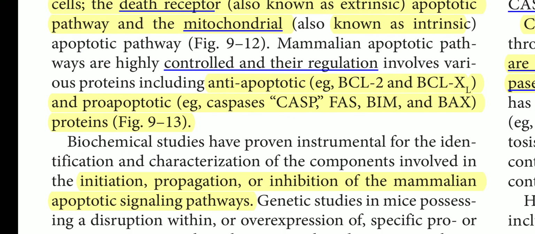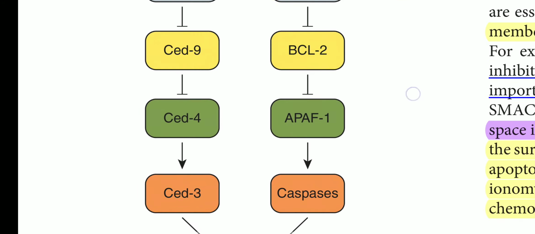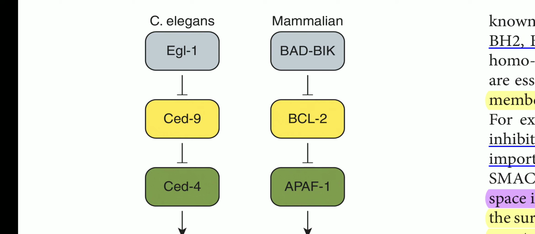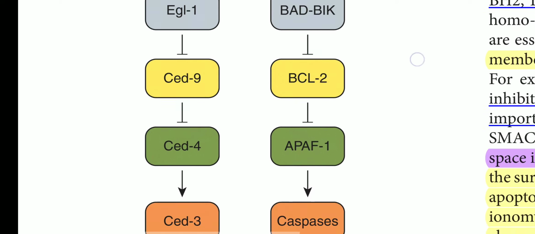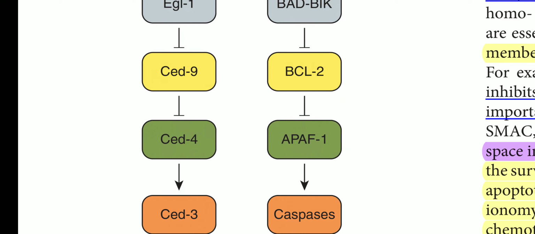Anti-apoptotic proteins like BCL2 and BCL-XL are a family of anti-apoptotic proteins found in mammals, homologous to the CED-9 protein.